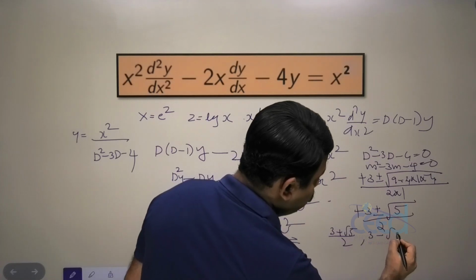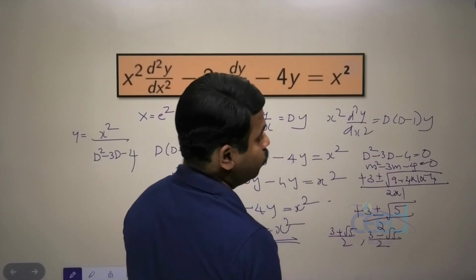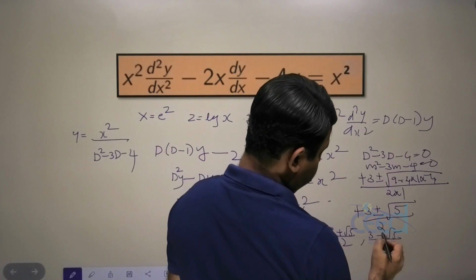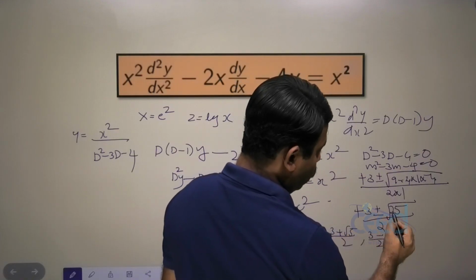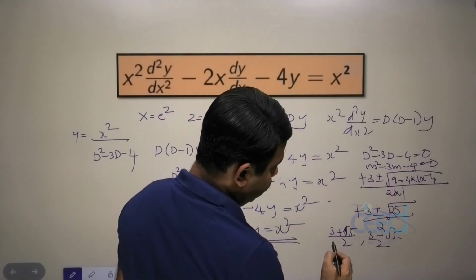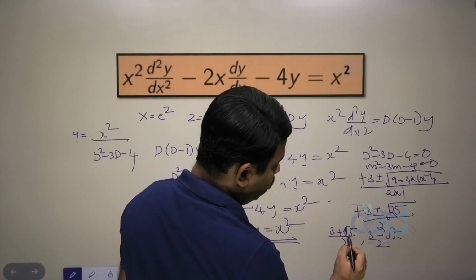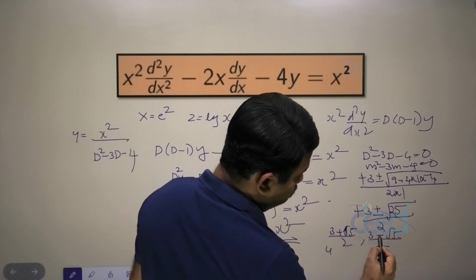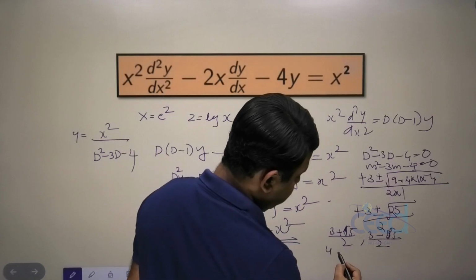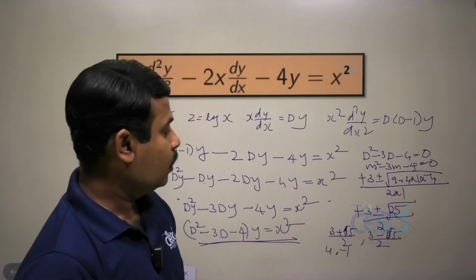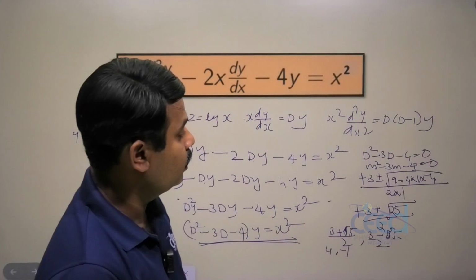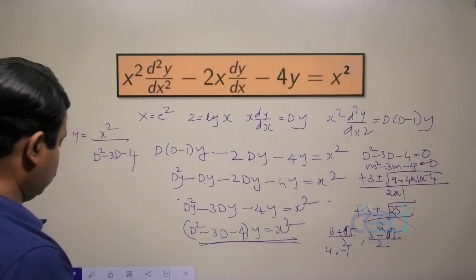So 8 by 2 is 4, and minus 2 by 2 is minus 1. Okay, so this is direct. So 4 and minus 1 are the roots.